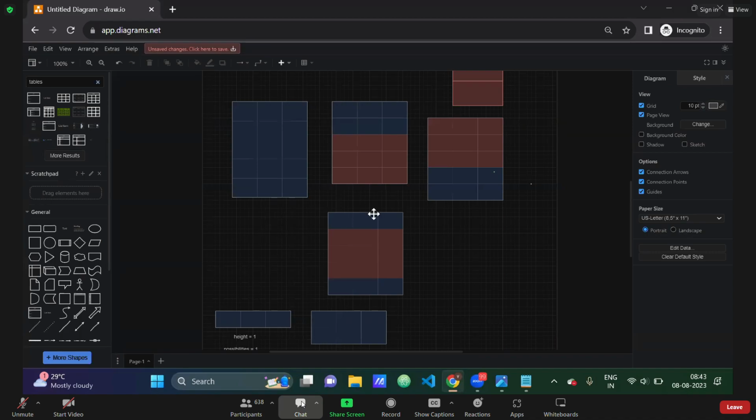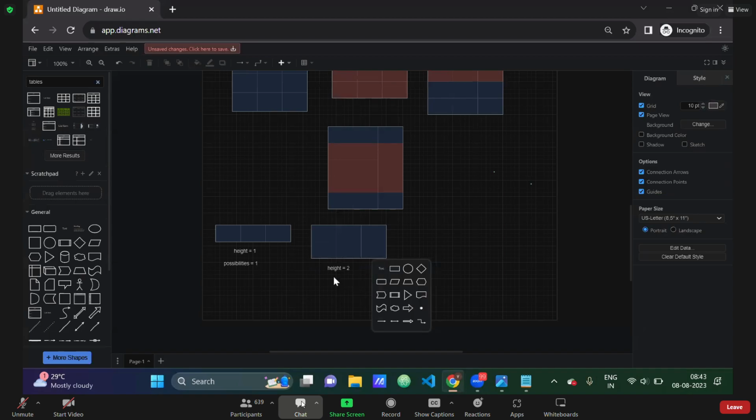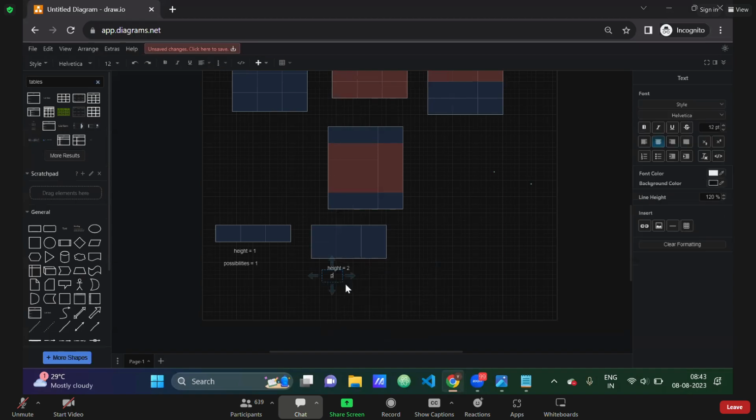No, this doesn't follow the Fibonacci series. Getting my point? You have only one possibility here, placing the tiles horizontally. Possibilities 1.